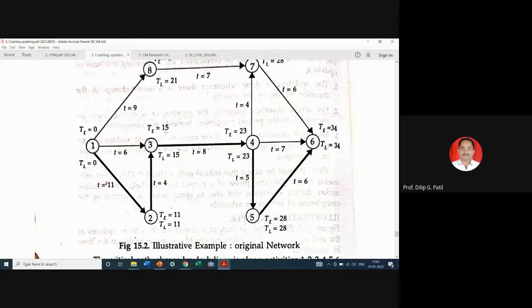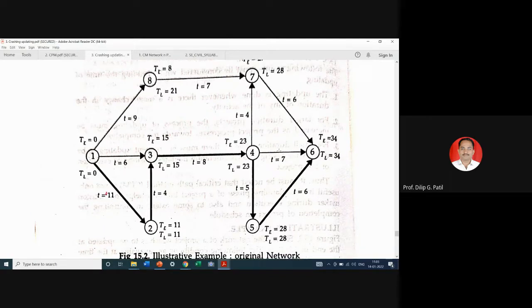So the path giving the 15 value should be considered as critical path. So even we are not considering 4, 6 also. Are you getting? Although event number 4 and 6 and 3 and 1 are critical, we are not considering activities 1, 3 and 4, 6 as critical.